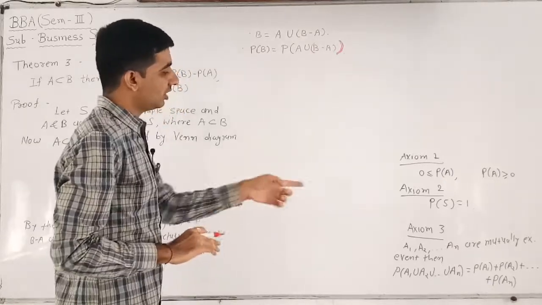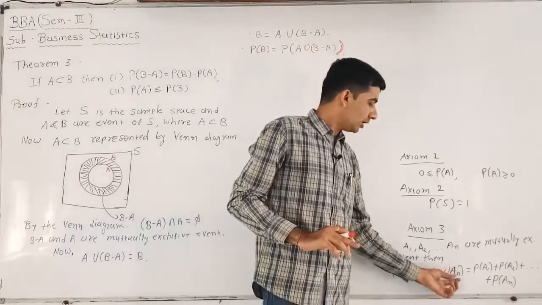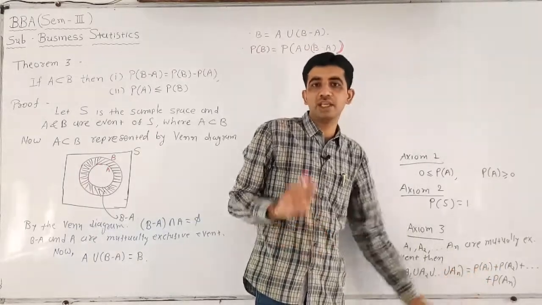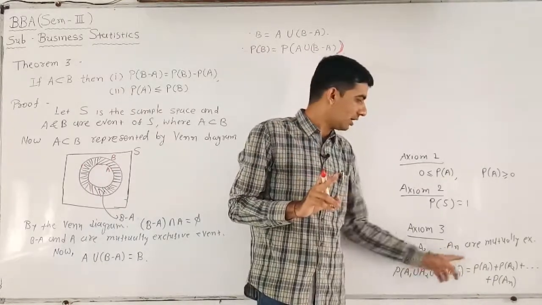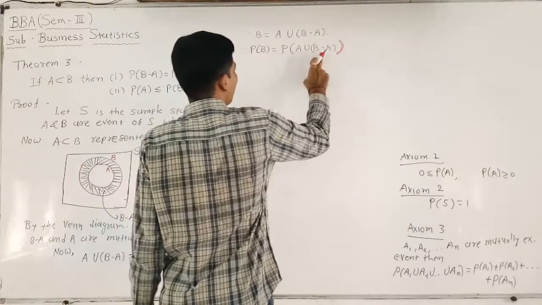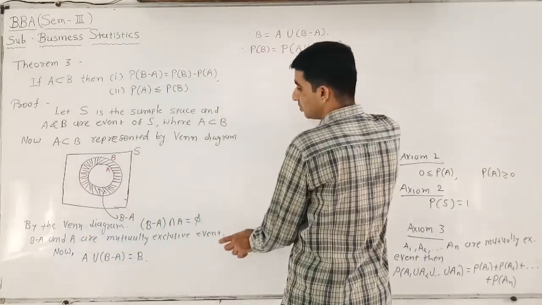Now axiom number 3 પૂર્વધારણા 3 શું છે? P of A1 union A2 up to AN is equal to P of A1 plus P of A2 plus up to plus P of AN, if A1, A2, AN are mutually exclusive events. Here two events A and B minus A are also mutually exclusive events.